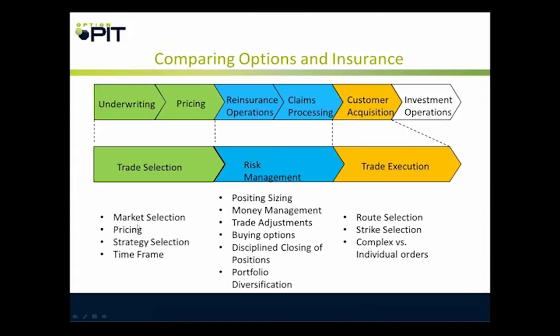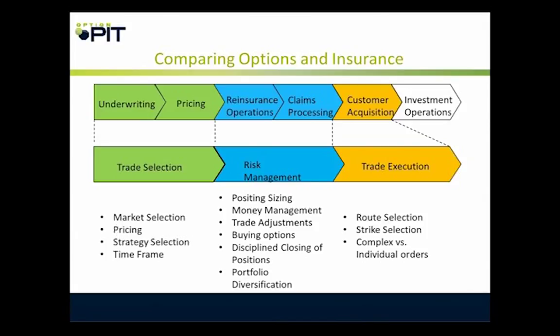Here are some examples. You have market selection, pricing, strategy selection, time frame, and risk management, and these are key. Position sizing and money management. You have no idea how often I see people blow up because of poor money management skills. They don't know how much to put in every trade. It's pretty important.